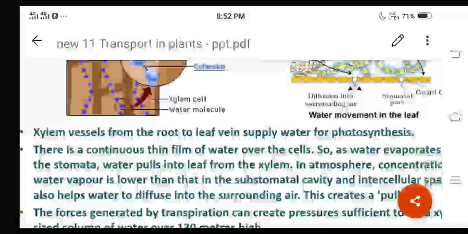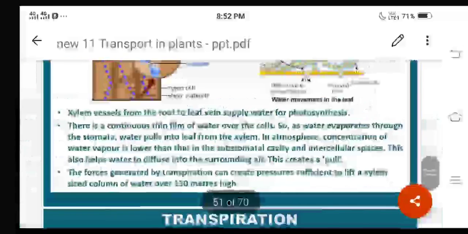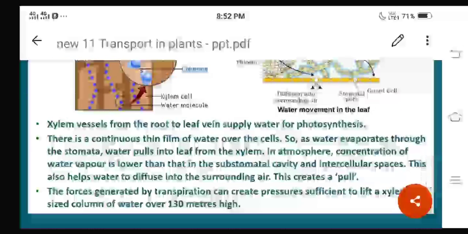Water will continuously move on the surface of the cells, right? So as water evaporates through the stomata, and it is nothing but transpiration only, okay. When transpiration occurs, water pulls into the leaf from the xylem.